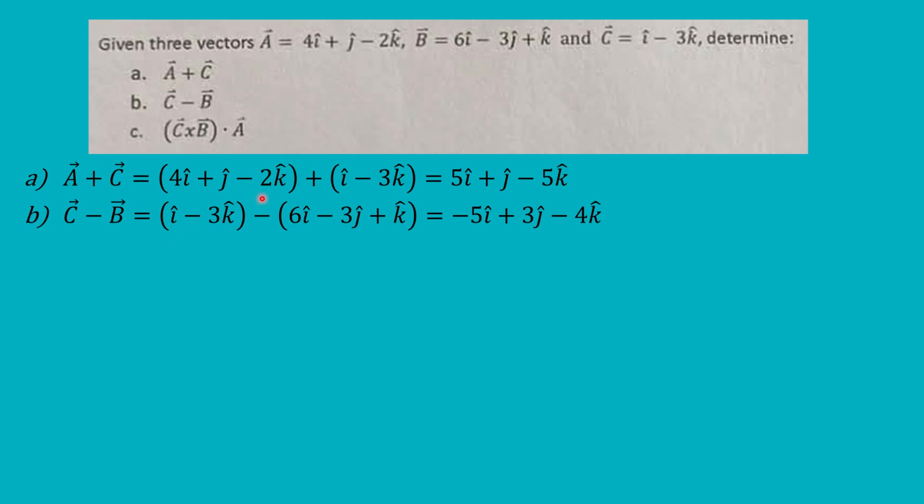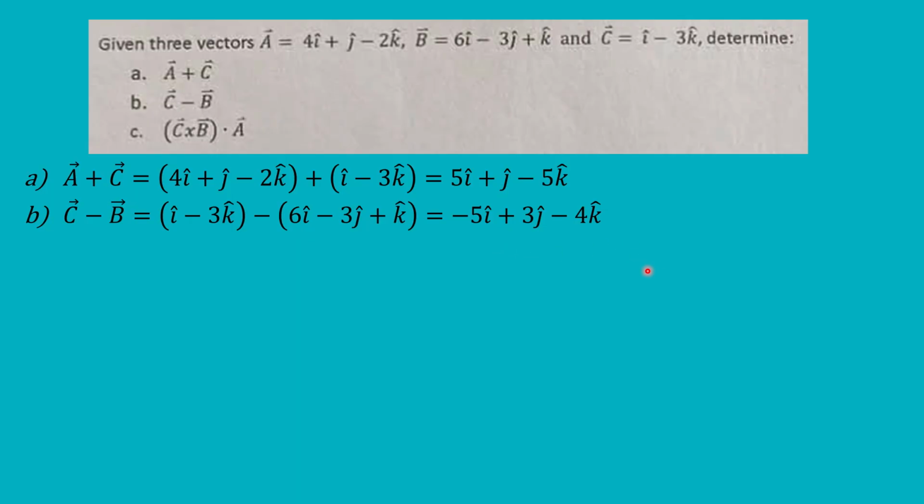So i hat minus 6i hat, that's minus 5i hat. 0 here, minus negative 3j hat, so that's positive 3j hat. Then minus 3k hat minus k hat, that's minus 4k hat. So vector C minus vector B is equal to minus 5i hat plus 3j hat minus 4k hat.